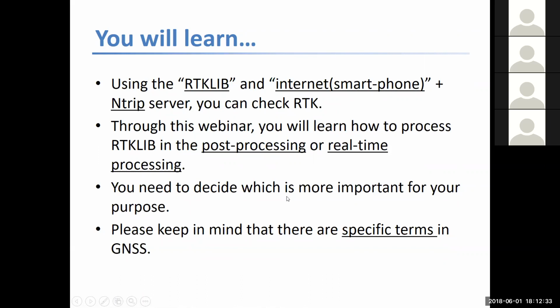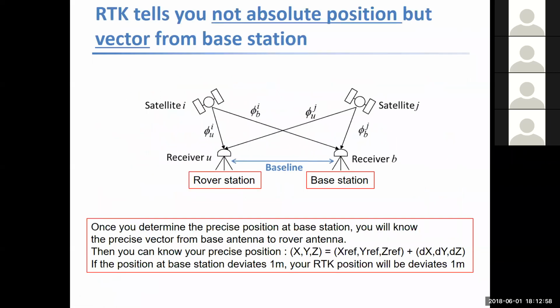You need to decide which is more important for your purpose. Some researchers use only post-processing, but some are interested in real-time processing. Please keep in mind that there are specific terms in GNSS, so I try to explain these difficult terms in GNSS.